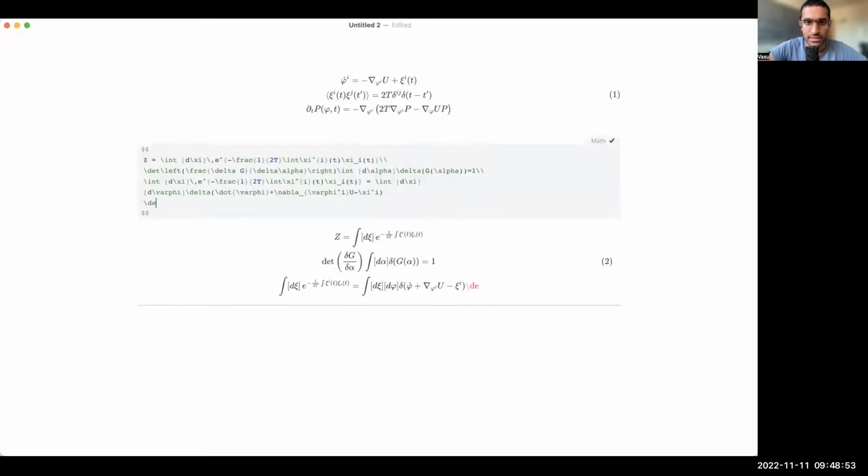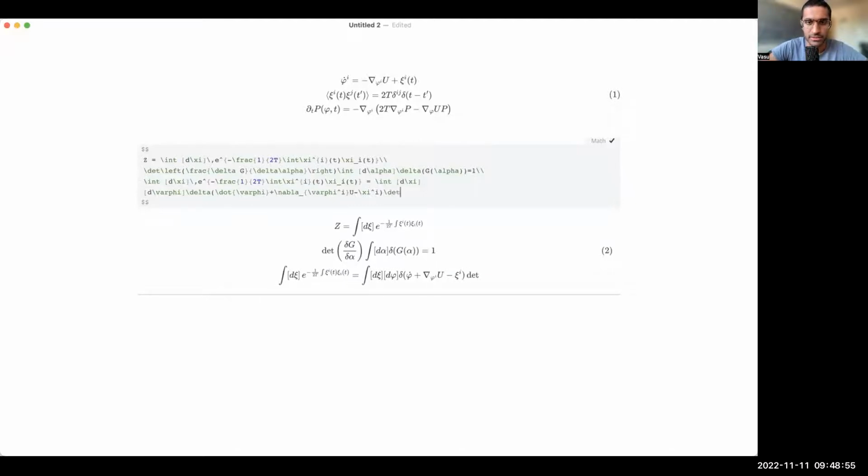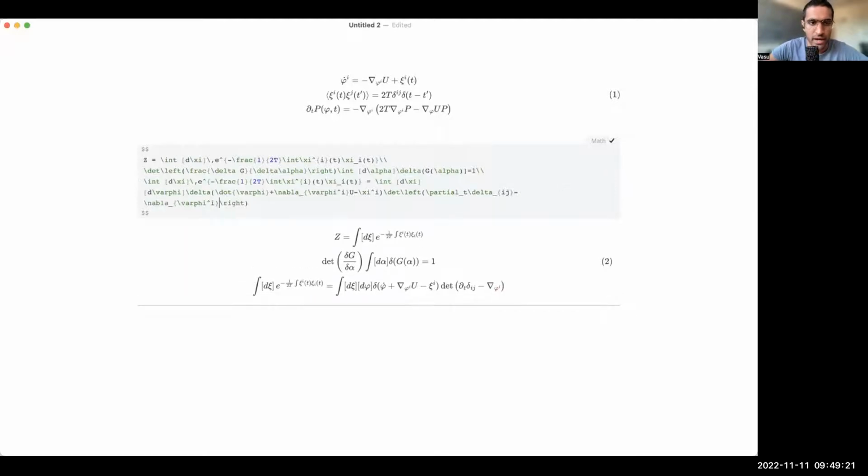And now the determinant, the all-important determinant, is going to be of the form... well, I will just write down the explicit form of the functional derivative. So we're going to have partial t delta ij minus nabla i nabla j u.